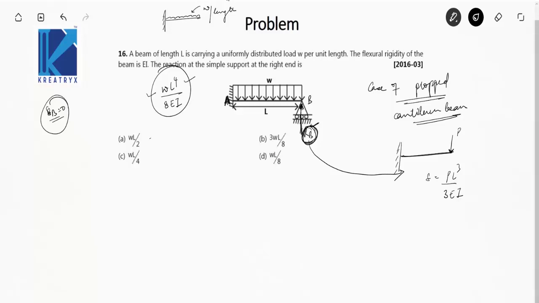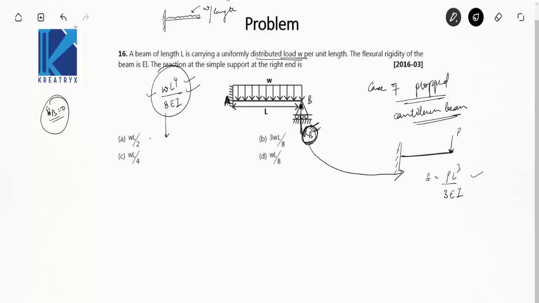Due to this uniformly distributed load W, there is a deflection in the downward direction whose value is equal to WL to the power 4 by 8EI, whereas due to this reaction there will be a deflection in the upward direction whose value will be equal to PL cube by 3EI.